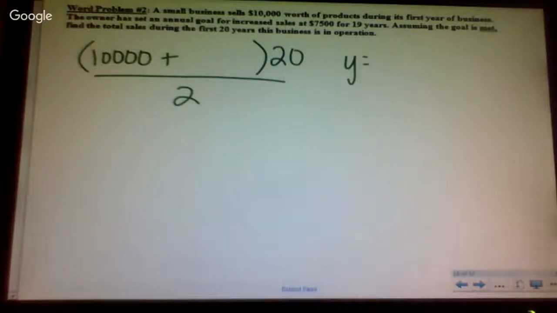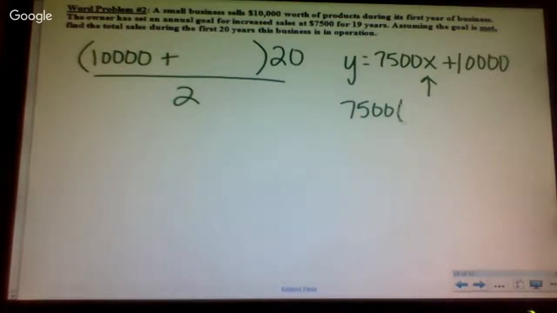What's my slope? 7,500x plus, my starting value was 10,000. What number are we plugging in for x? 19, always one less than that. So 7,500 times 19 plus 10,000 gives you how much you end up with after 19 years. 152,500. Perfect.